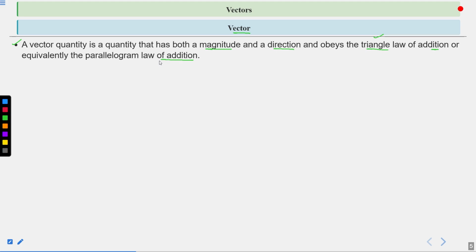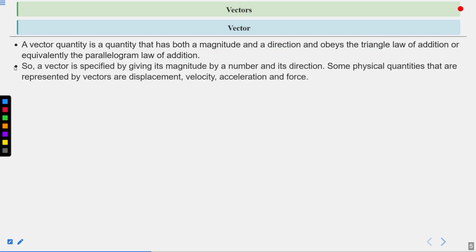So a vector is specified by giving its magnitude by a number and its direction. Some physical quantities represented by vectors are displacement, velocity, acceleration, and force. These are examples of vector quantities.